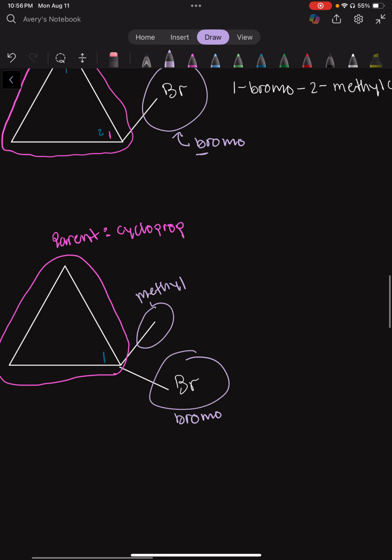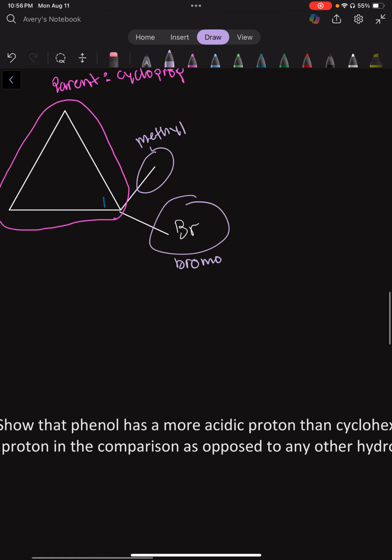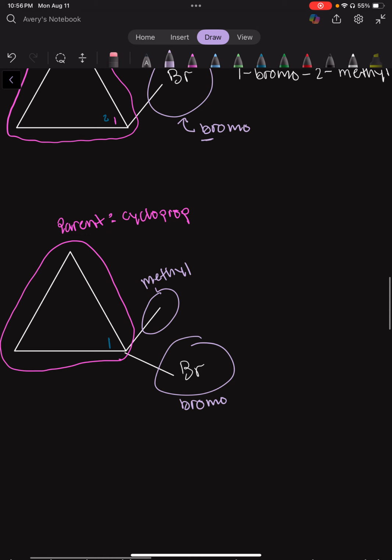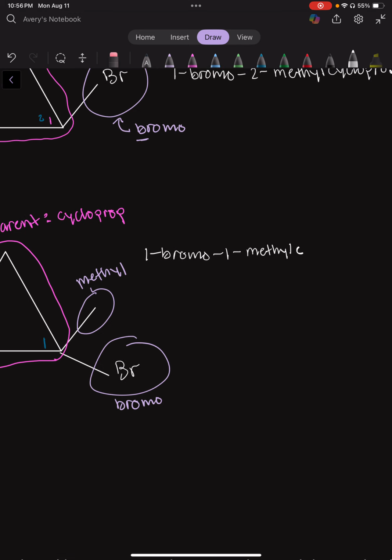Now, this one is not the same as the previous one where the carbon and the bromine were bonded together. They're separated. So instead of being 1 dash bromomethyl, in this case, it's going to be 1 dash bromo dash 1 dash methyl, because they're on separate branches, cyclopropane.